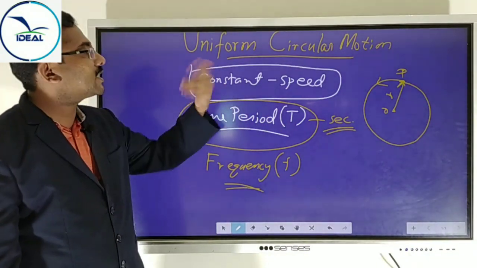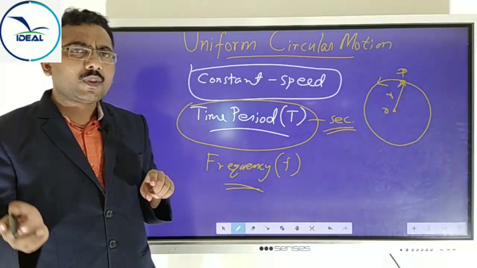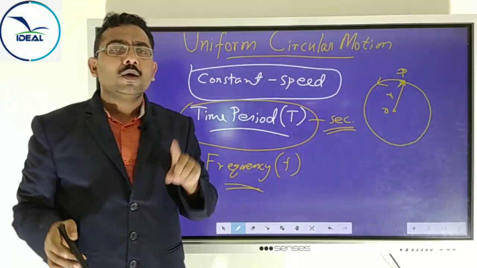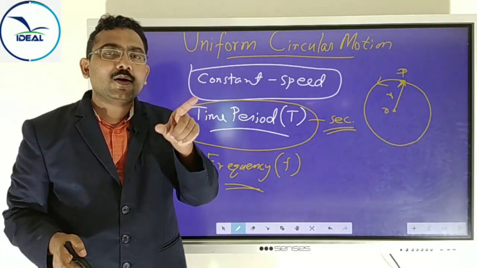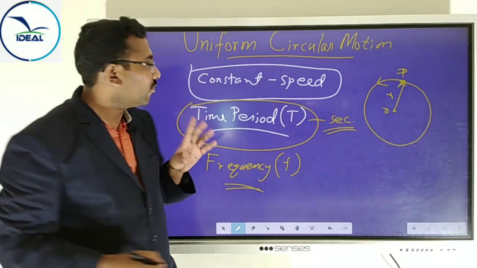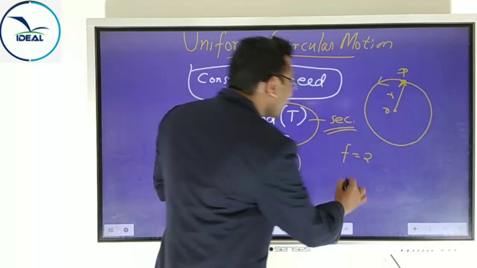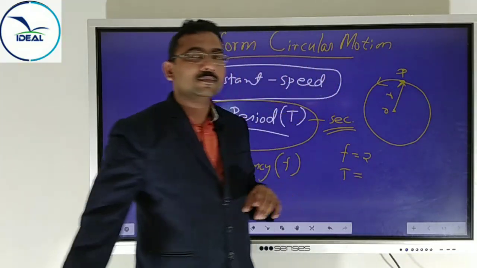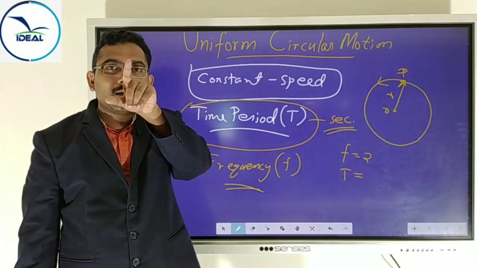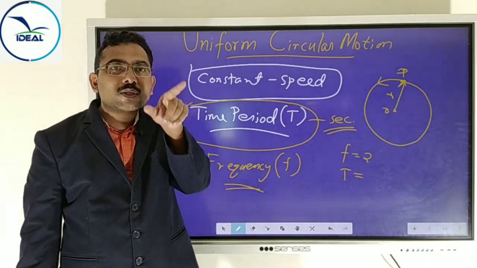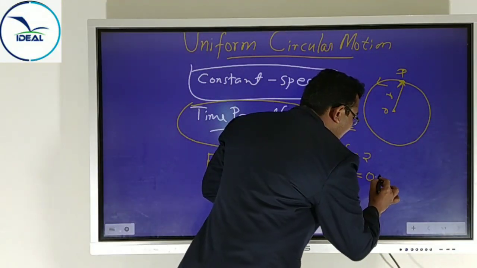What is the relation between frequency and time period? Suppose a body revolves 2 times in a second. What is the frequency? Frequency f is equal to 2. What is the time period? 2 times in a second, then for one revolution it will take half a second, 0.5.